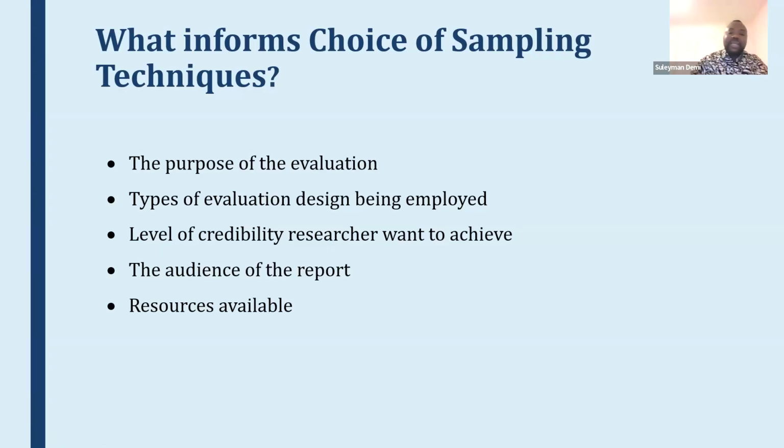Because resources determine how many people you can sample and how much you are willing to spend, in either giving them tokens or some small amount as compensation for taking part in the research, and so on and so forth.